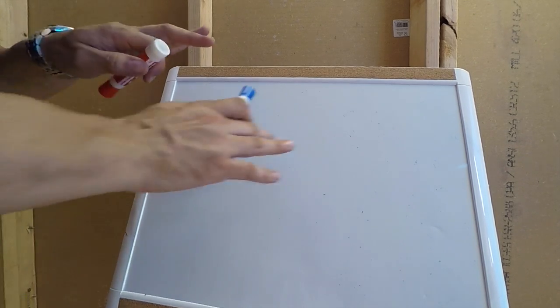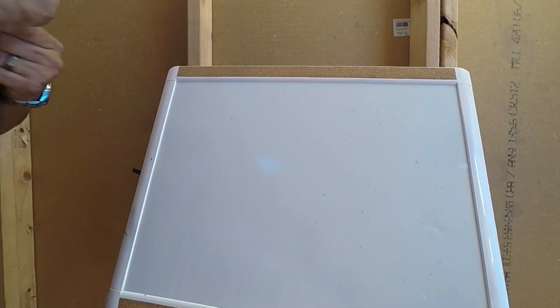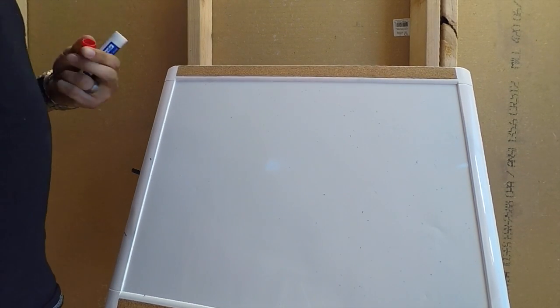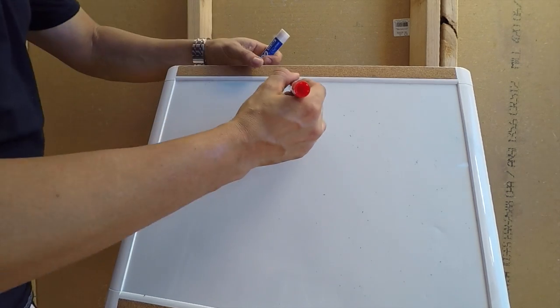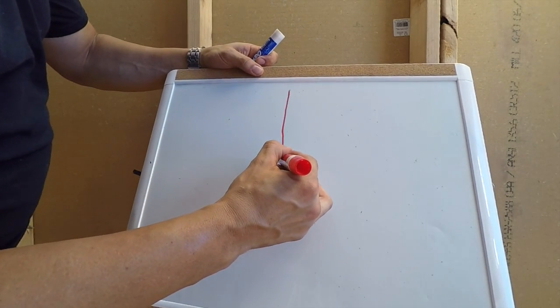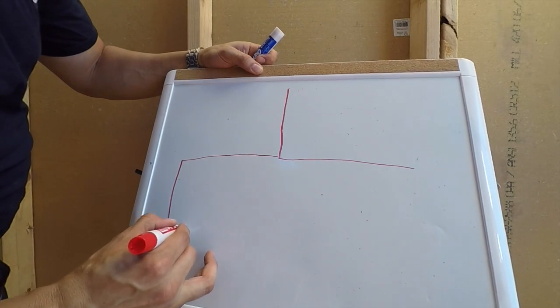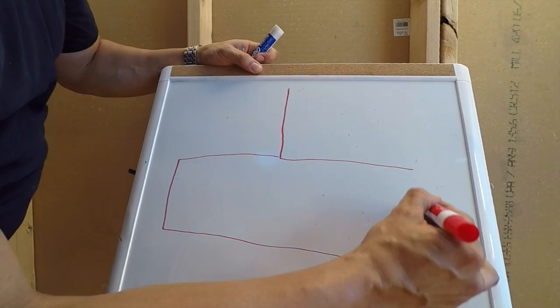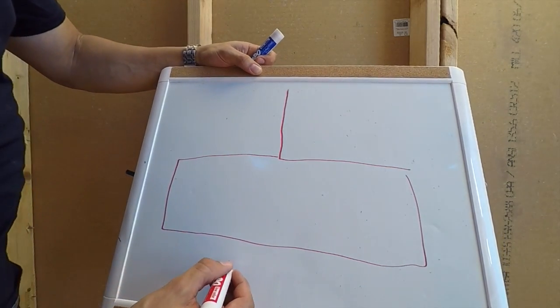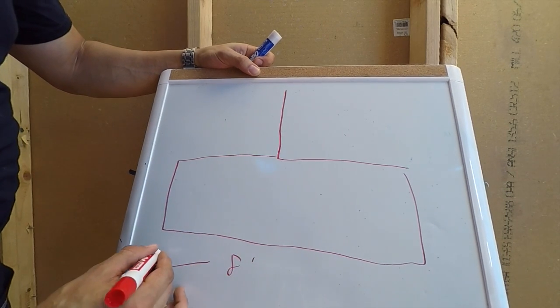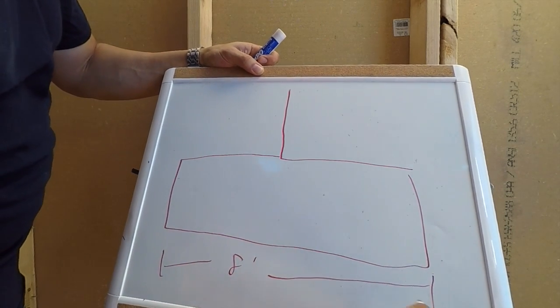So let's clean this board up a little bit and let's figure this out one more time just for a refreshment. Make this a little bit bigger now. We have an 8-foot span, one side to the other.